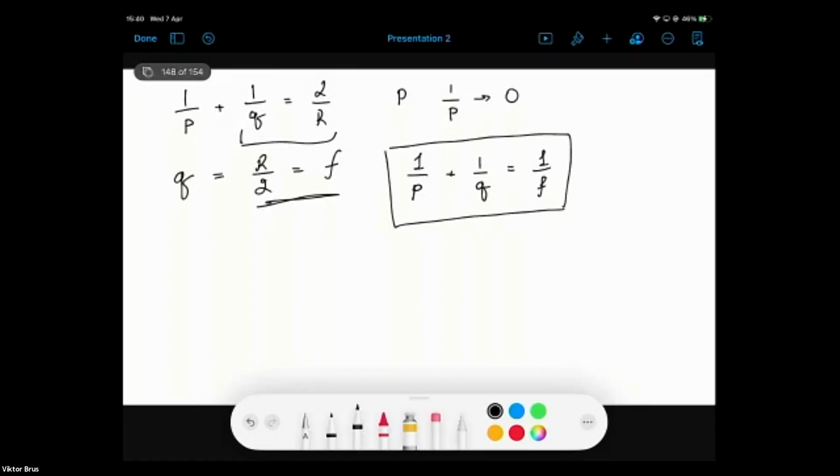And keep in mind that for spherical mirrors, focal distance depends only on the curvature of this mirror.